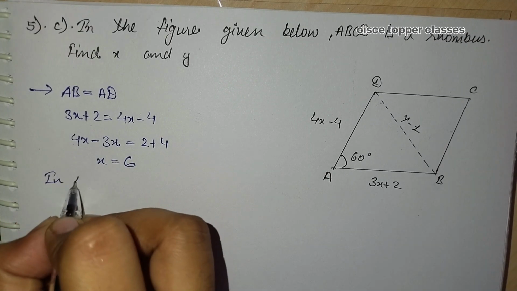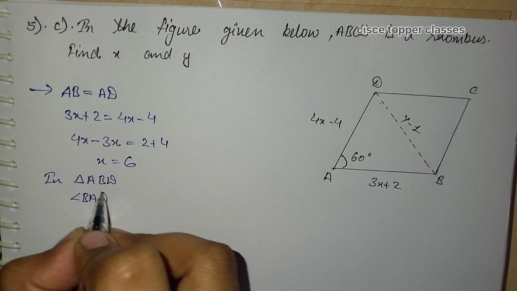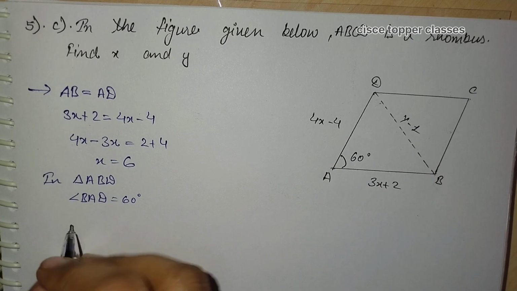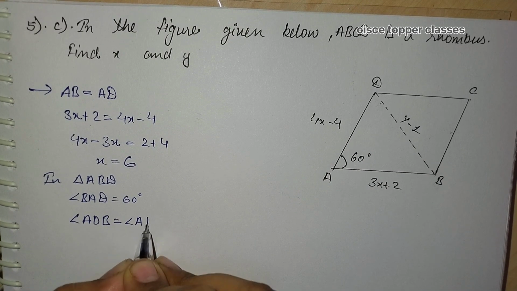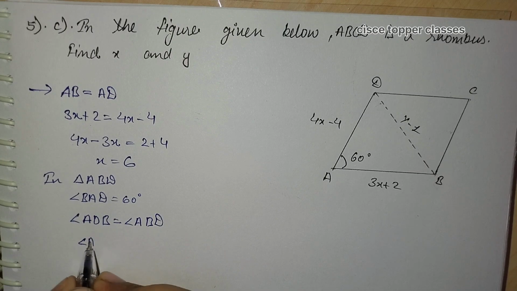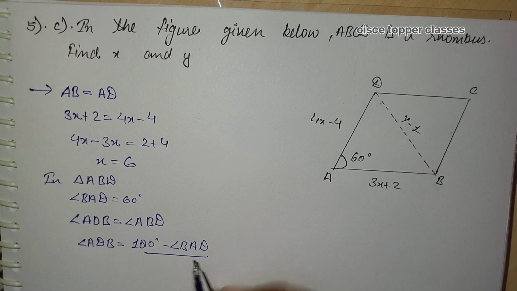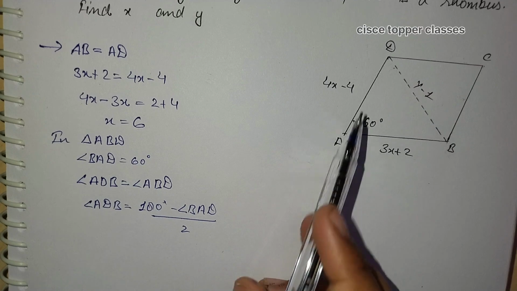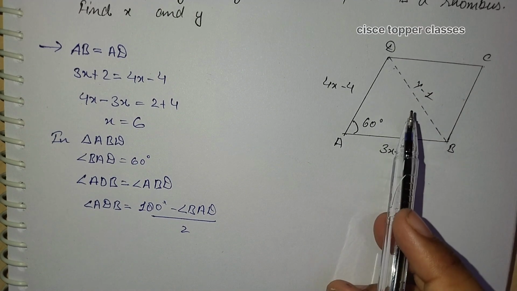Now in triangle ABD, we can write angle BAD is equal to 60 degree. Also AB is equal to AD here. So angle ADB is equal to angle ABD, and angle ADB is equal to 180 degree minus angle BAD divided by 2, because the diagonal bisects the angles here, and it is a parallelogram also, and the opposite angles are equal.